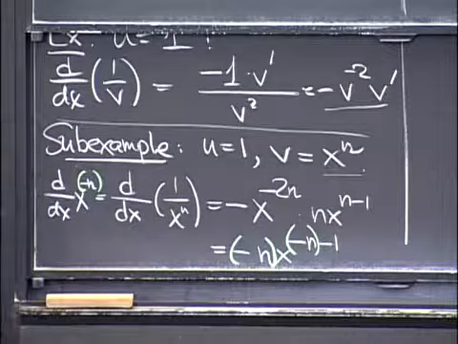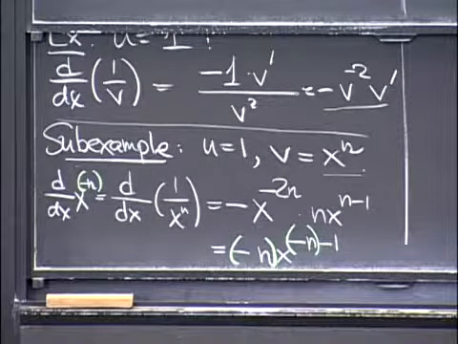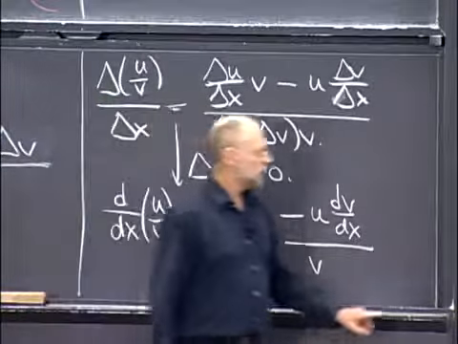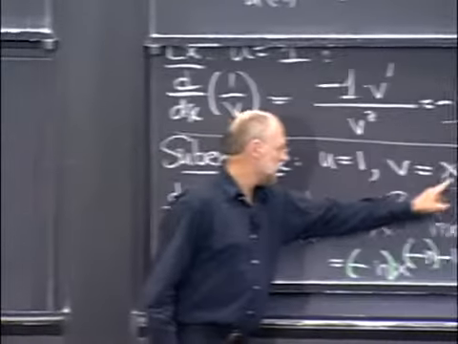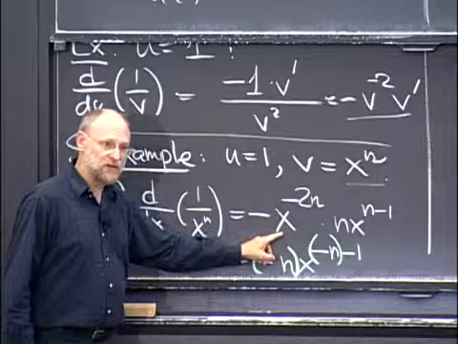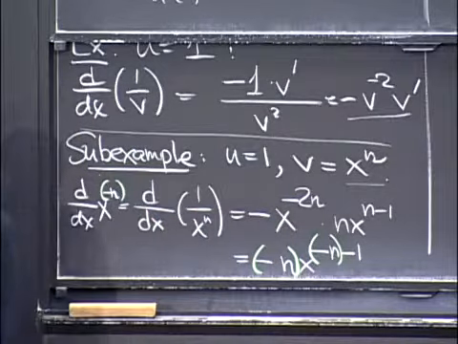So the rule, I'm applying this rule. The denominator in the quotient rule is v squared. And v was x to the n. So the denominator is x to the 2n. And I decided to write it as x to the minus 2n.